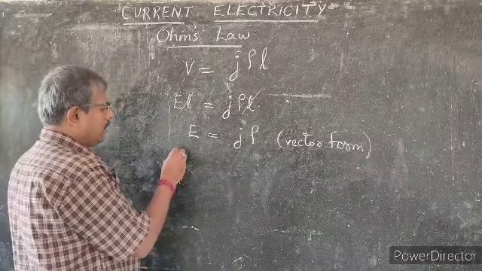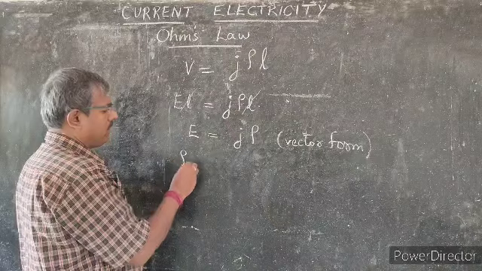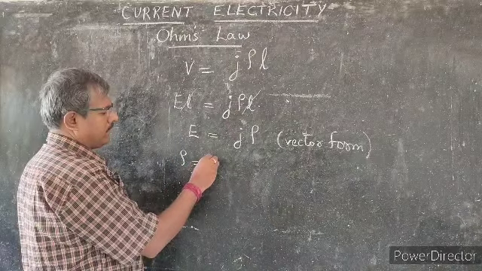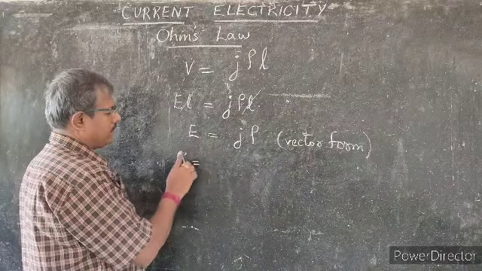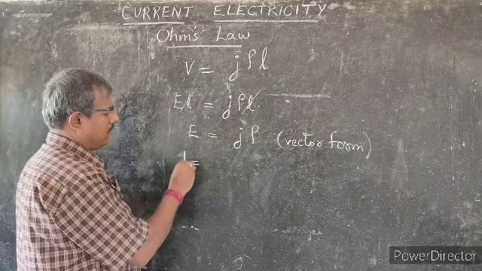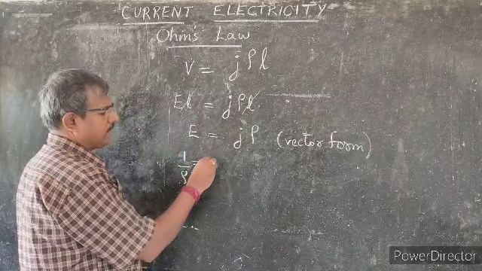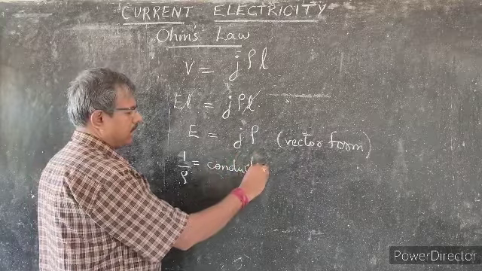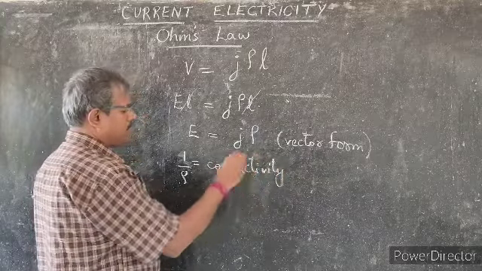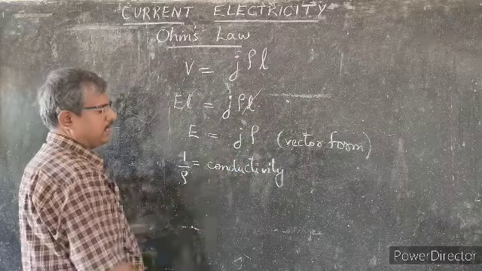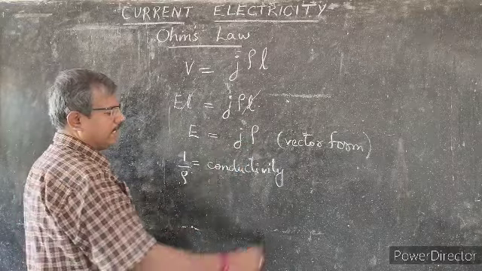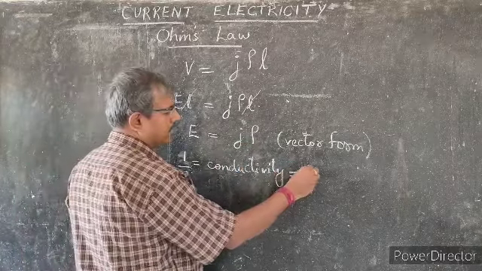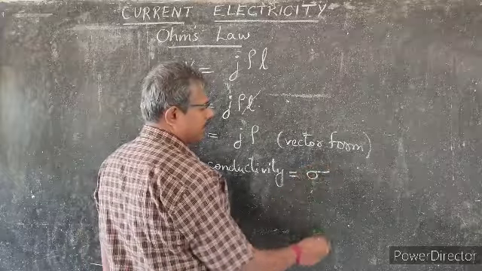Now, the reciprocal of resistivity is something we call as conductivity, and it's represented by the Greek symbol sigma.